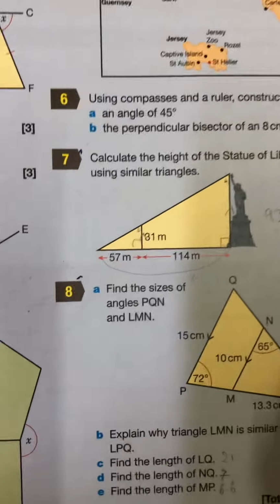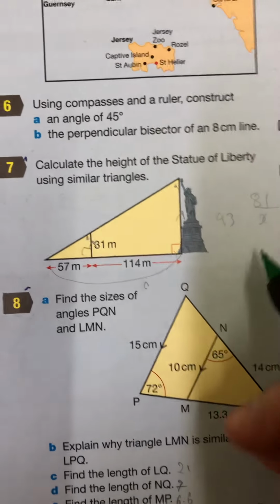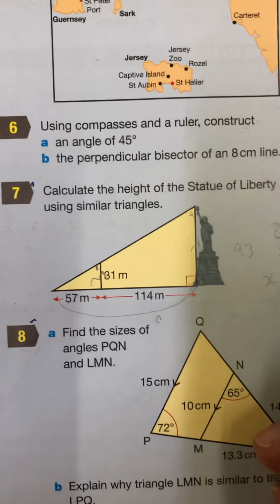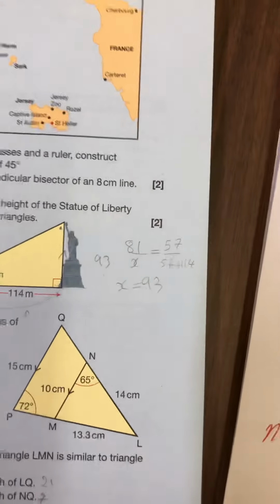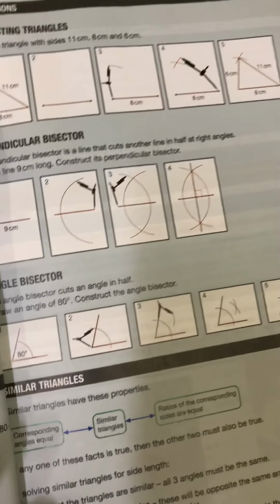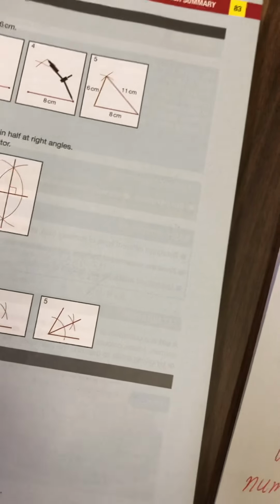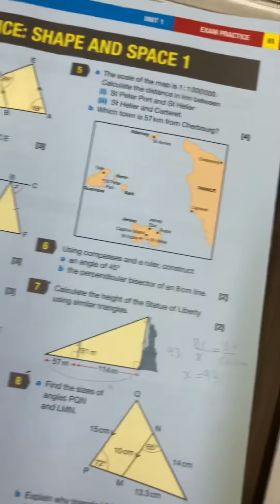Then do cross multiplication and find the value of x; you will find it comes out to 93. Take care of this kind of problem. By this, we finish shape and space. Okay, thank you.